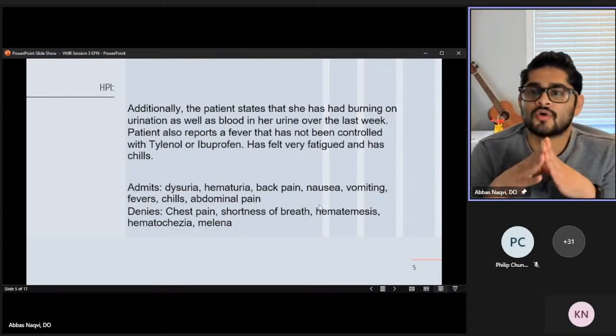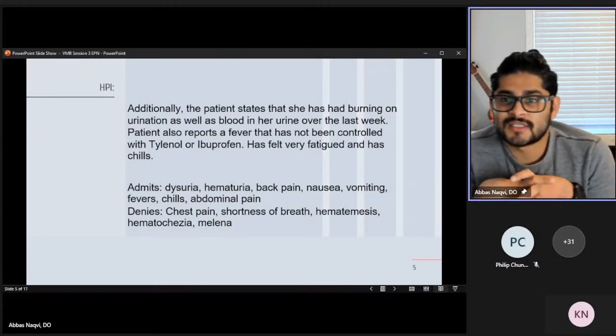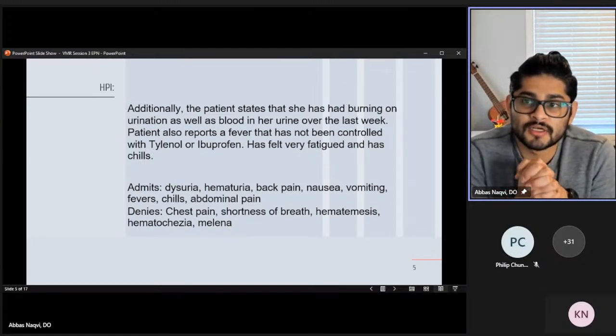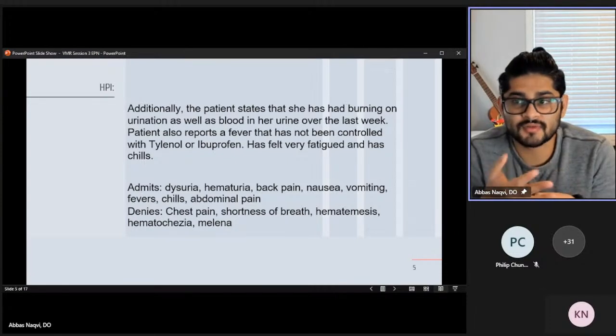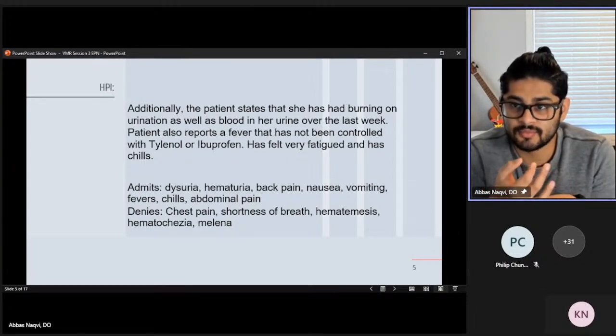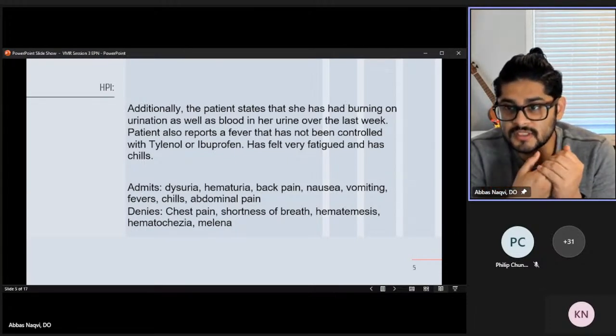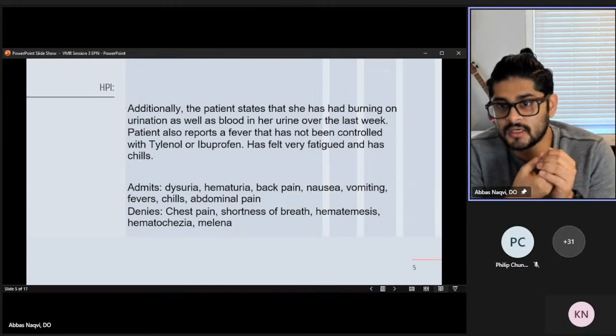Okay, so additionally, the patient states that she's had burning on urination as well as blood in her urine over the last week. She also reports a fever, hasn't been very well controlled with Tylenol or ibuprofen. She's felt very fatigued and has chills. Okay.